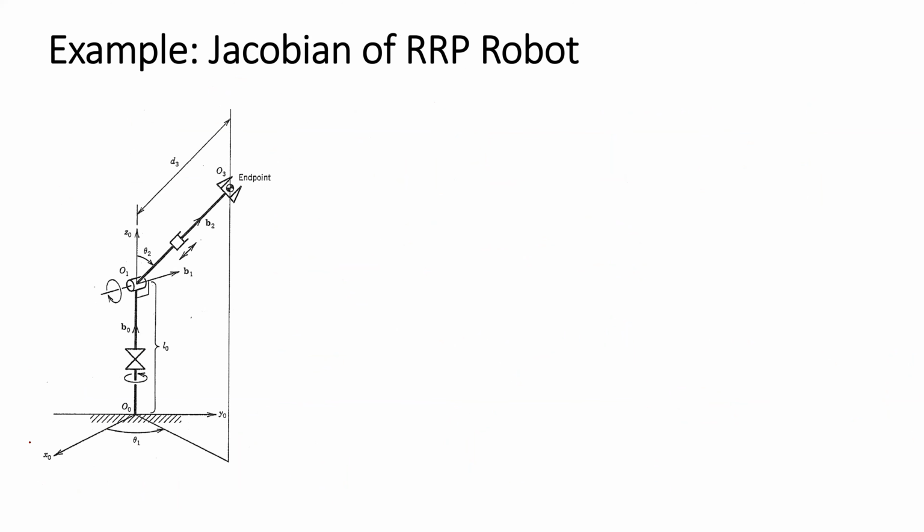This manipulator has the global base frame x0, y0, and z0. The first joint is a revolute joint, and creates the rotation by the joint variable zeta 1.